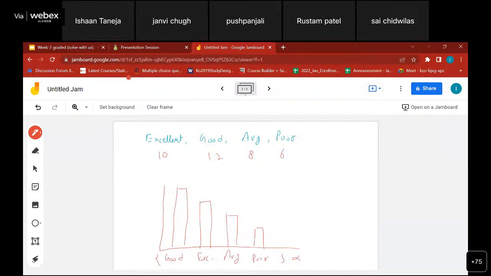It should either be excellent, good, average, poor, or the reverse, poor, average, good, excellent. So that's why for ordinal data, we avoid the Pareto chart, because it violates the order in which the categories are, right?